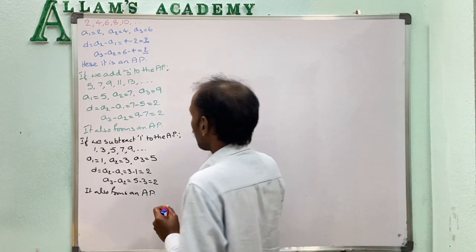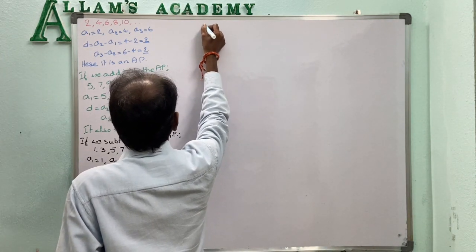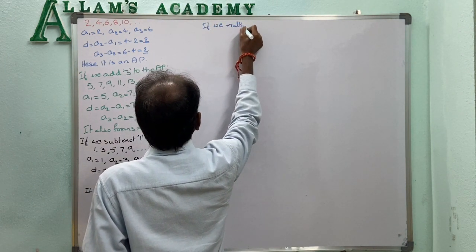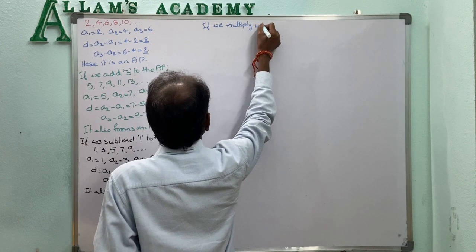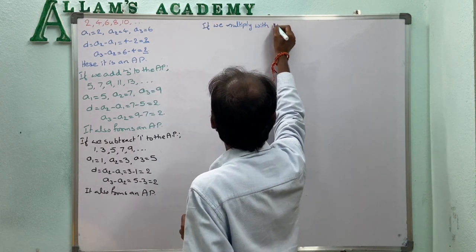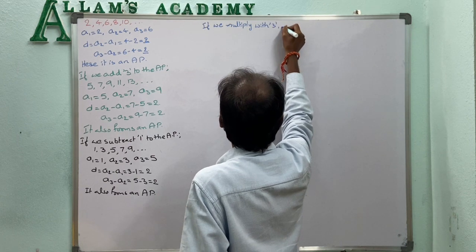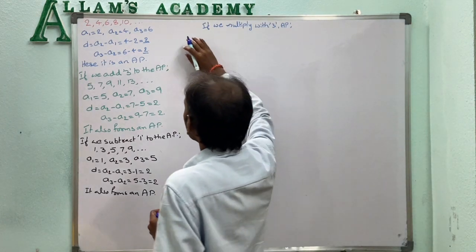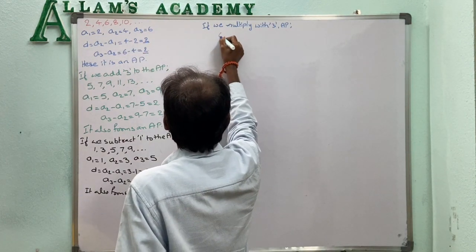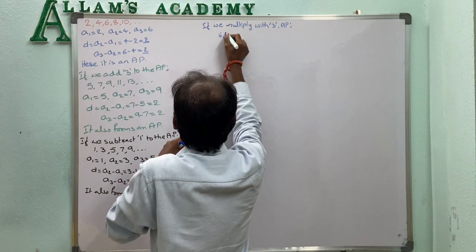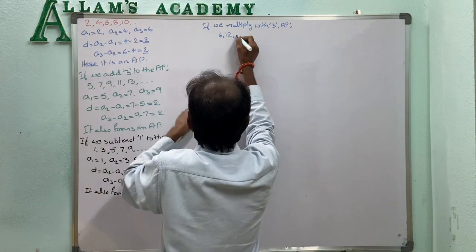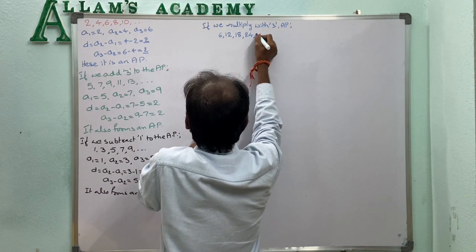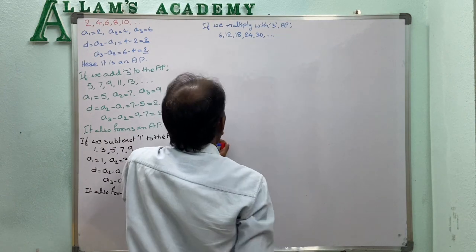We check. Suppose we multiply by 3, then the AP becomes 2 times 3 is 6, 4 times 3 is 12, 6 times 3 is 18, 8 times 3 is 24, 10 times 3 is 30, and so on.